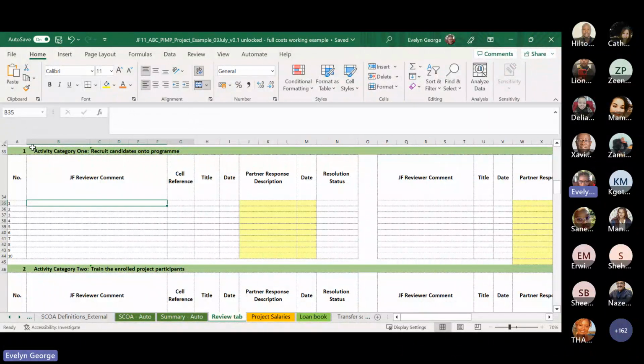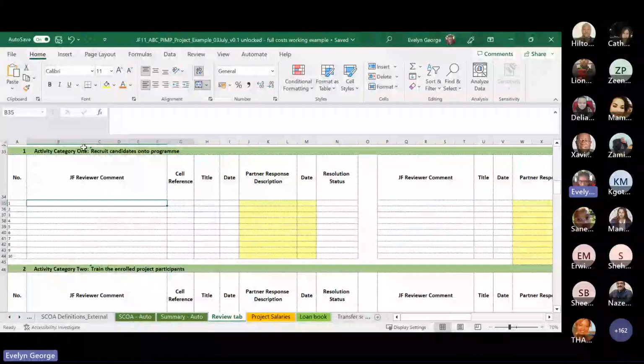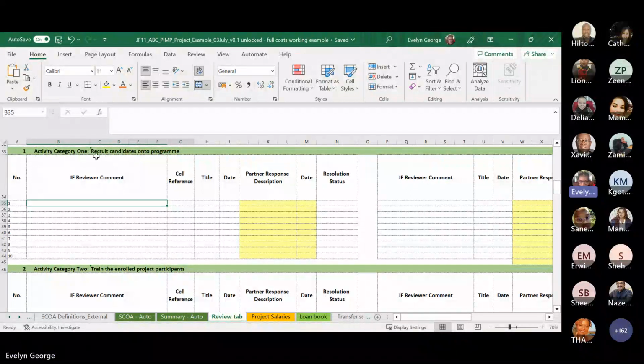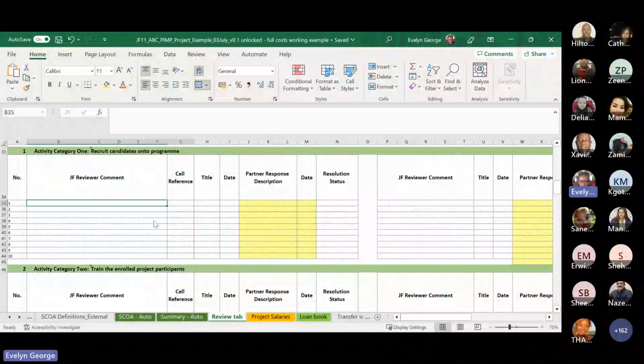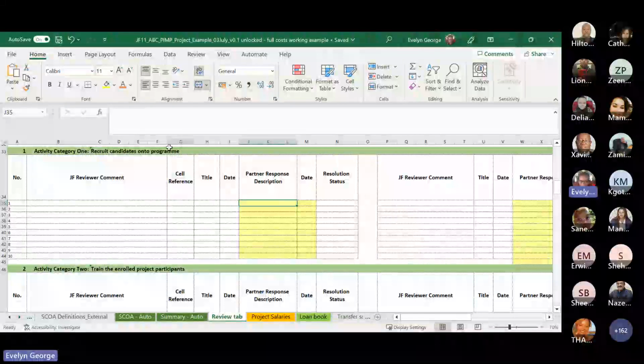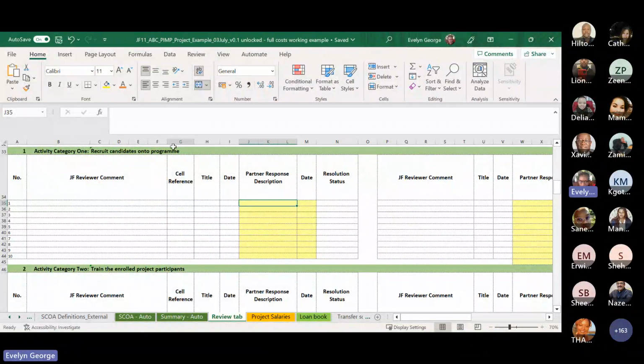We may say to you, clarify here, change this, or in some cases, we may even change it on your behalf. So when you receive it from your appraiser, please have a look at this tab, and you will then have to respond to us.